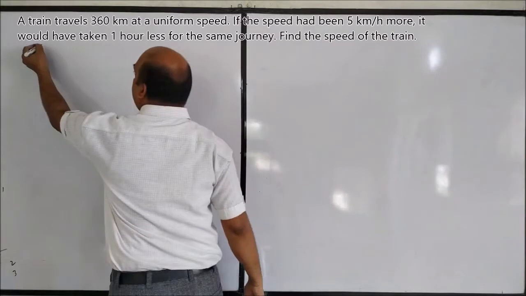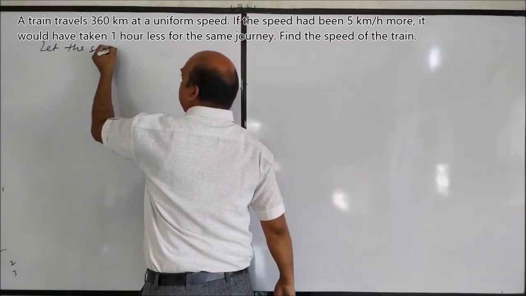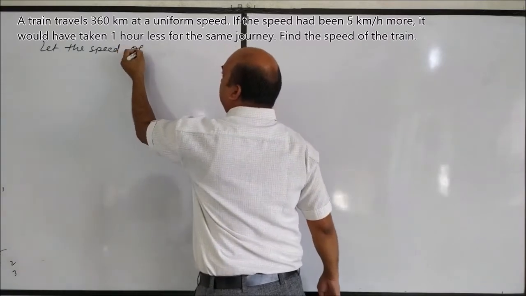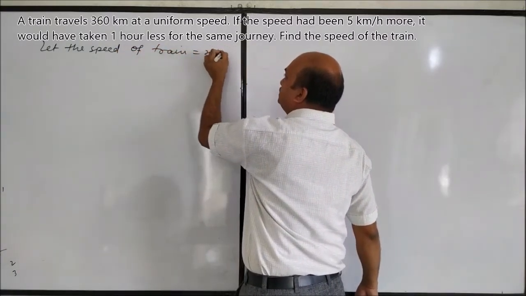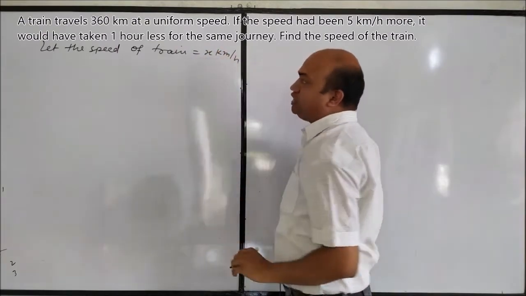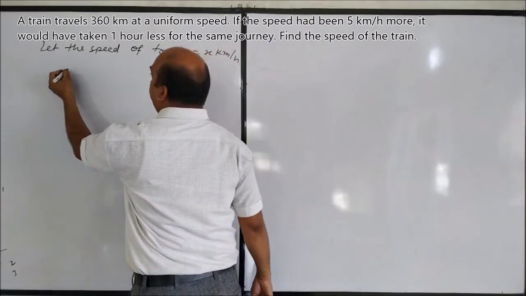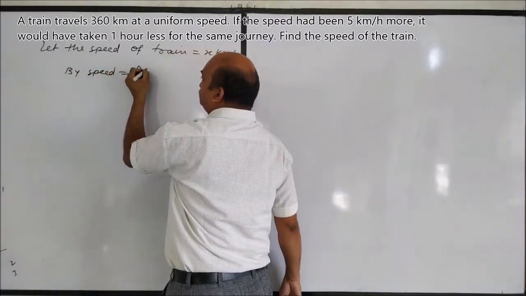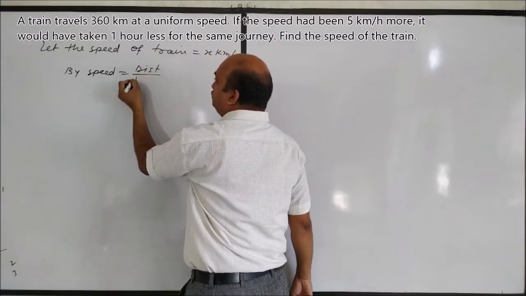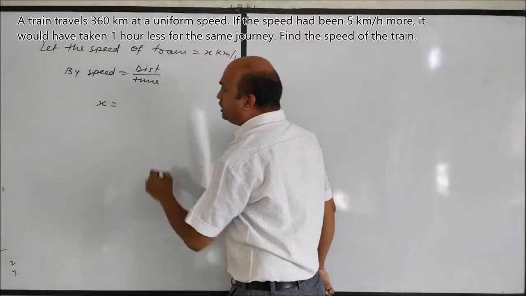Let the speed of the train be equal to x kilometer per hour. Now by speed equal to distance upon time, speed is x kilometer per hour.